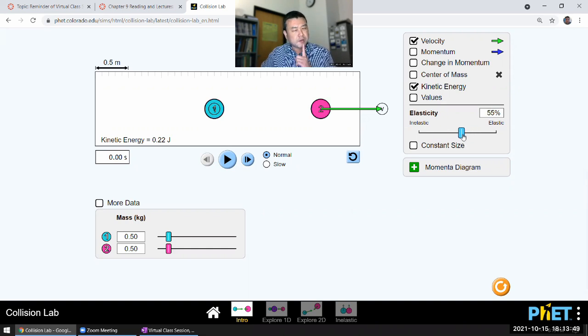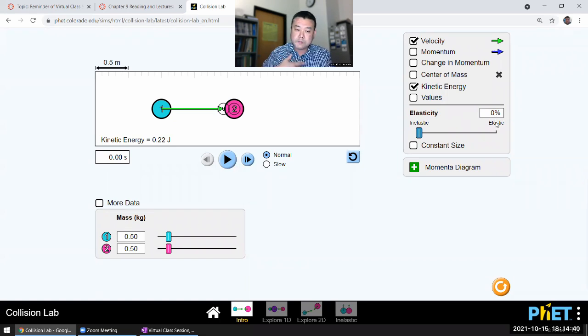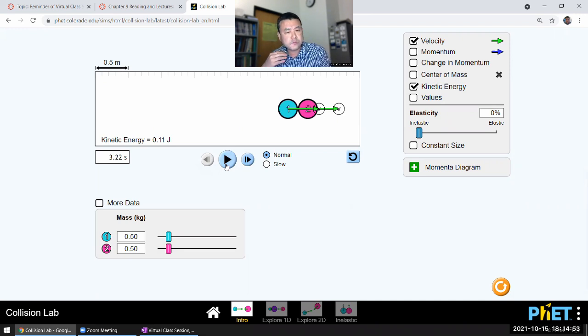But there must be some additional constraint, because when we said elasticity is 0%, perhaps what we would have liked to see is that the kinetic energy would go to zero after collision, but it doesn't. So we should think of what other constraint is there, that in a completely inelastic collision, the kinetic energy doesn't go to zero.